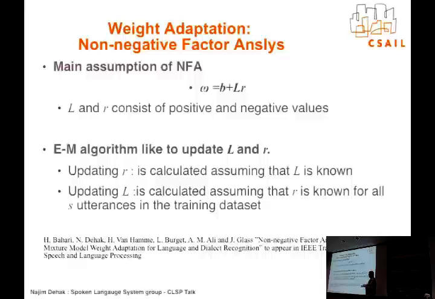So we developed an EM-like style for the training. We estimate one factor by projected gradient descent, then fix it and estimate the other, and we alternate. This is the paper we developed for Gaussian mixture weights for language ID and dialect ID, with people from Brno.